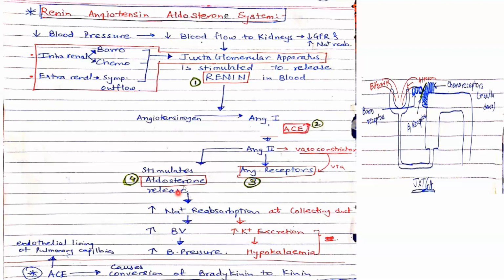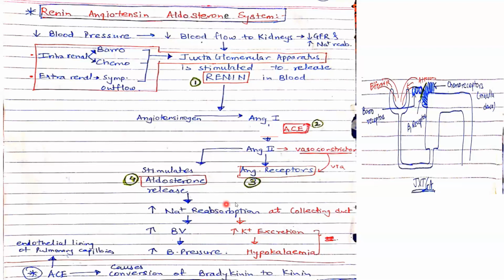So here you need to remember aldosterone causes increase in sodium reabsorption at the collecting duct. Because there is increase in sodium reabsorption, what happens? Increase in water reabsorption. So increase in blood volume, increase in blood pressure. And a simultaneous effect is it also increases potassium excretion and hypokalemia occurs.